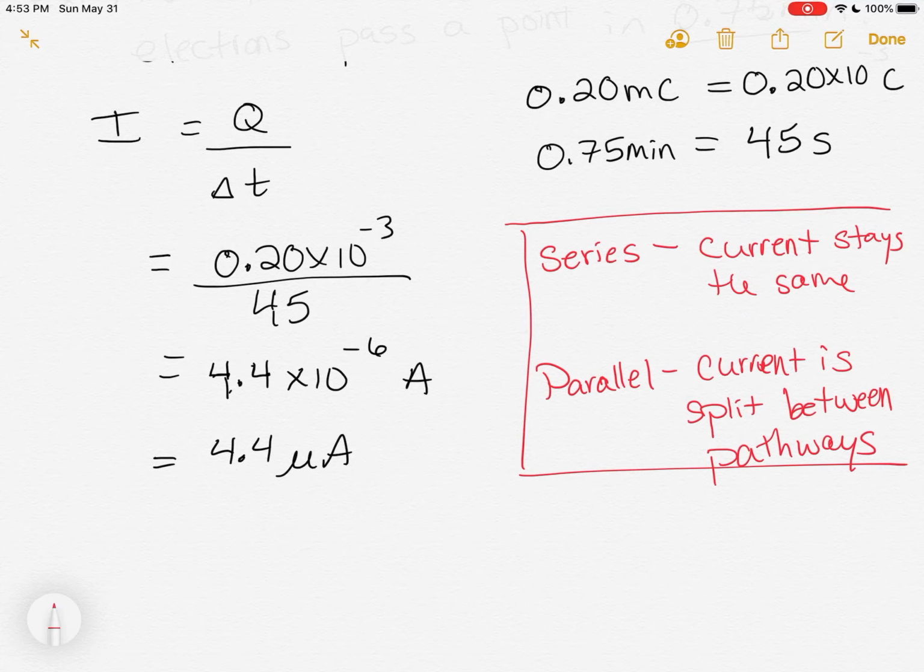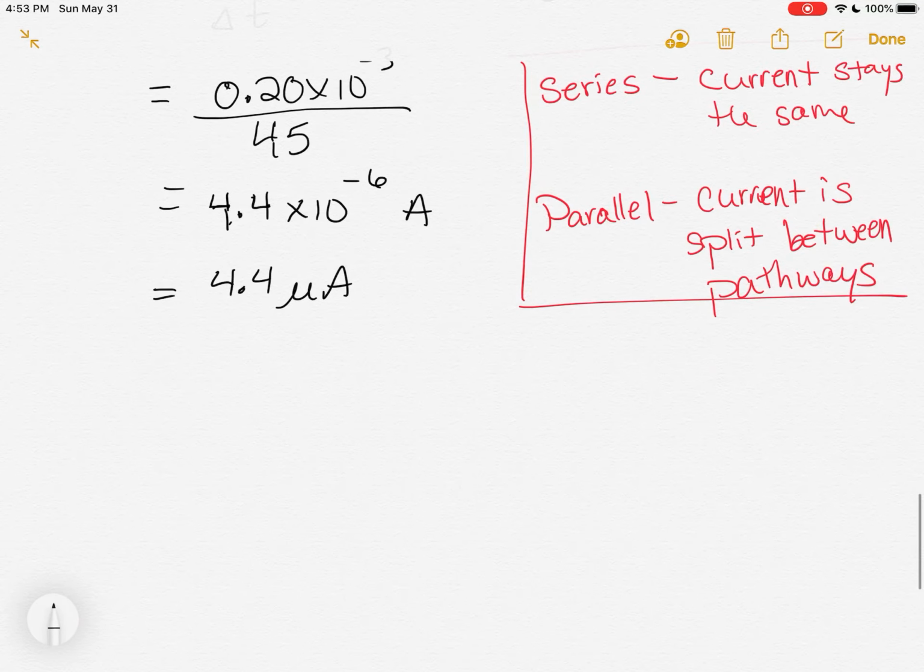Okay, and again, we're going to talk more about this when we get to looking at an entire circuit. So we're going to look at some larger circuits. And so you just want to put that into your notes in with your current section, just so that we have it down for current. And then we're going to talk about it in terms of the entire circuit as well.